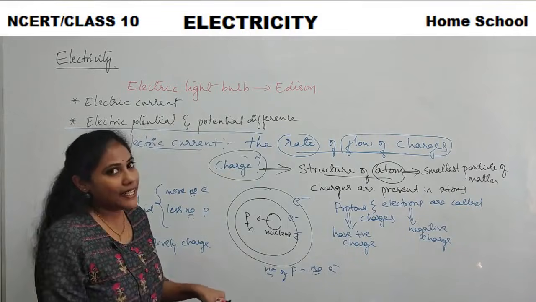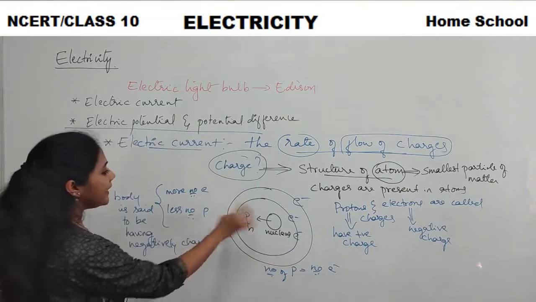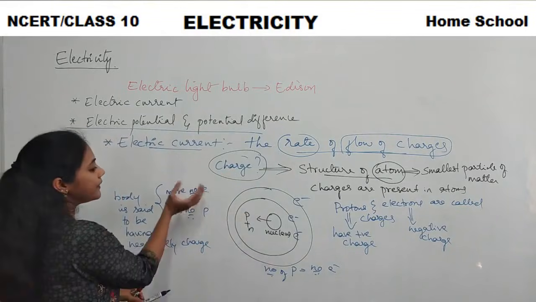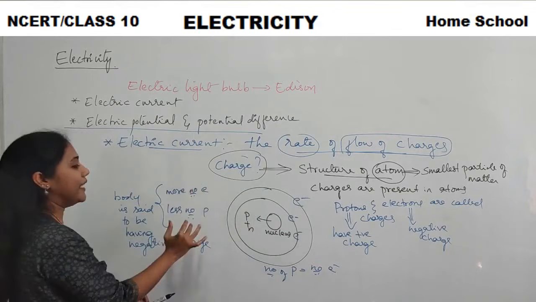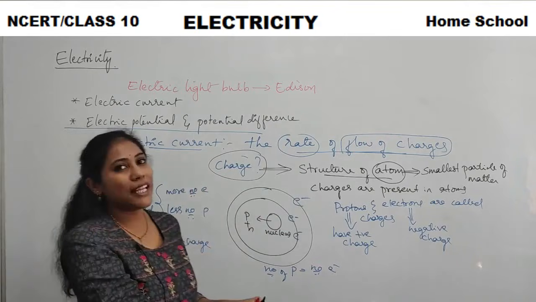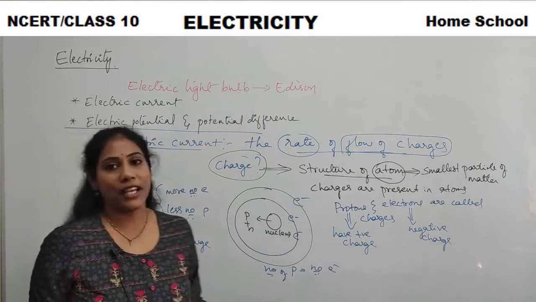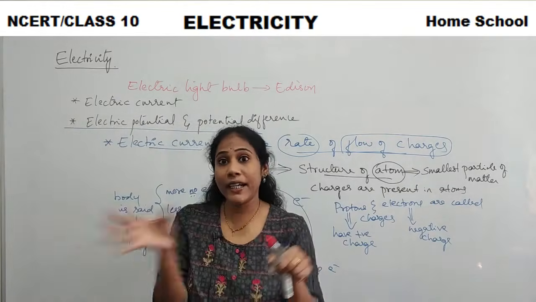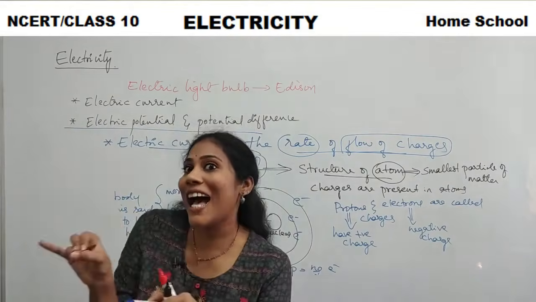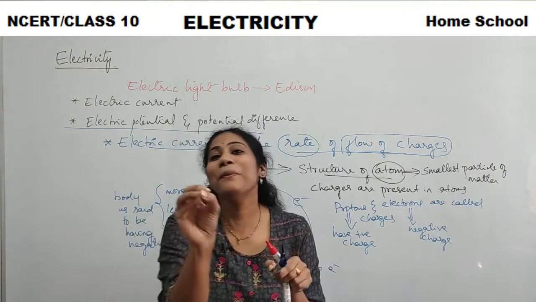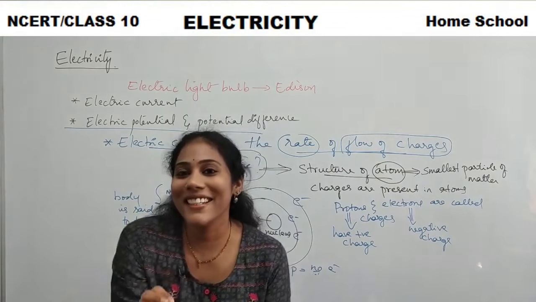But if you have taken out some protons, then you will have more electrons. Electrons are negatively charged, no? So the whole body acquires a negative charge. When the body acquires a negative charge, that is responsible for producing electricity.